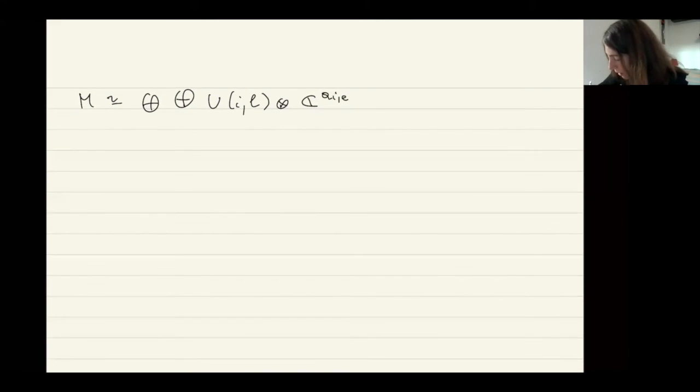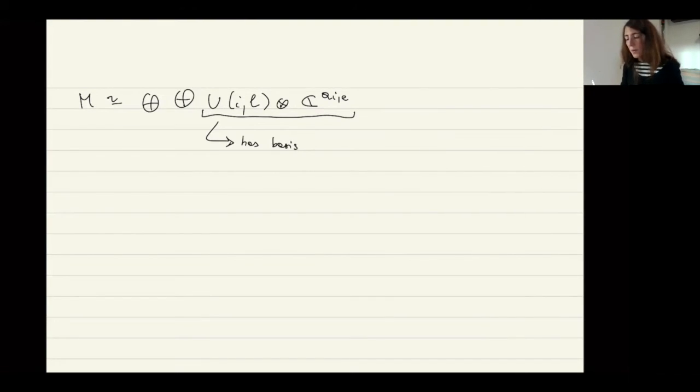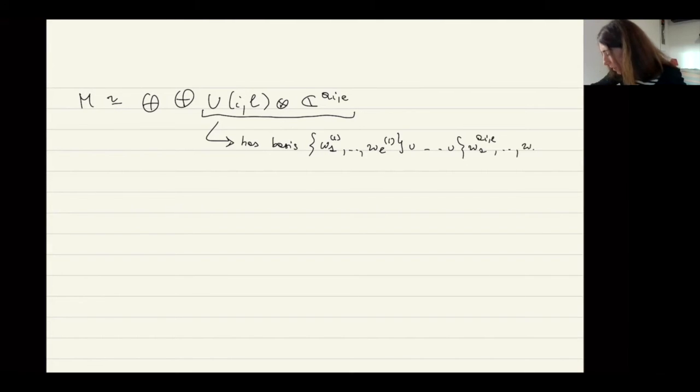Now, from the way we describe U_{i,L}, we have a preferred basis. Or maybe I should be more formal: the underlying vector space U_{i,L}^0 has a preferred basis, which is W_1^1, up to W_1^{a_i}, and so on up to W_L^1, and since I have a_{i,L} copies, I get up to W_L^{a_{i,L}}. It's the basis we had before, just repeated the correct number of times.